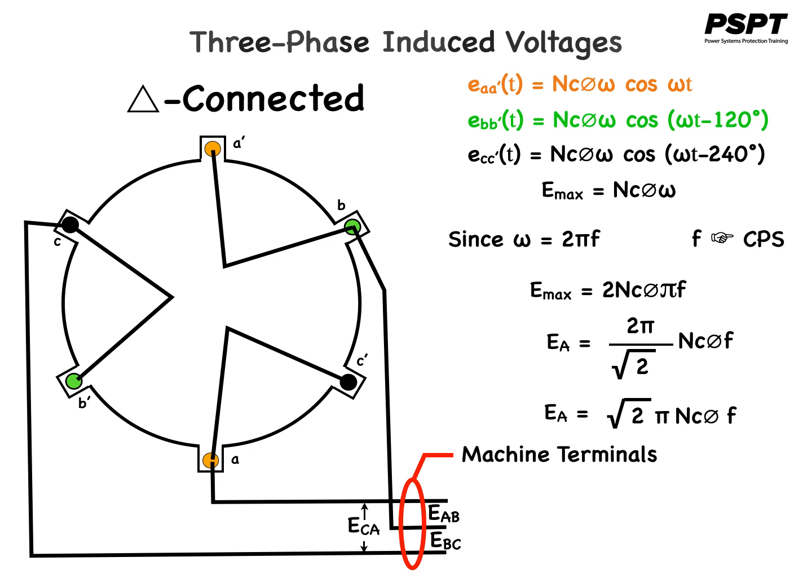And the voltages of the coils, the A, B, and C coils, are equal to the phase-to-phase voltages EAB, EBC, and ECA. In other words, the terminal voltages only include phase-to-phase voltages, which are equal to the coil voltages of the machine.